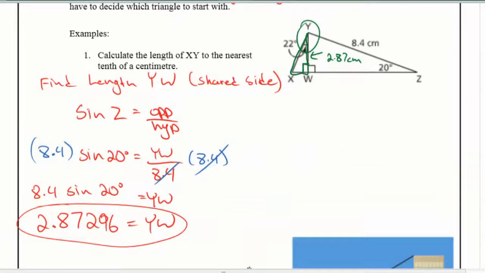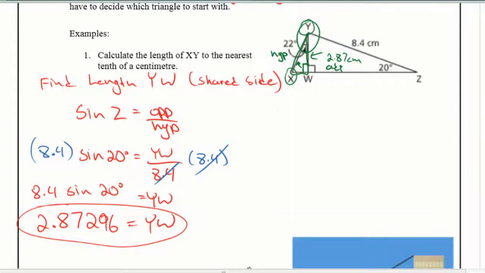And remember, I'm trying to find the length from Y to X. I can call it X, I can call it YX if I want. Maybe X would not be a good one. We'll call it YX. So if I am dealing with this 2.87, which would be the adjacent side, and then this would be the hypotenuse over here because it's across from my 90-degree angle.